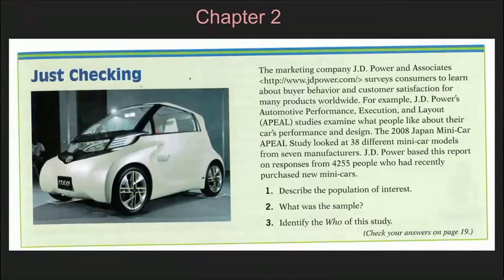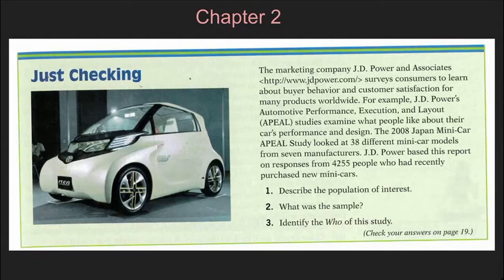Let's look at one more of these. We'll read this one together. The marketing company J.D. Power and Associates surveys consumers to learn about buyer behavior and customer satisfaction for many products worldwide. For example, J.D. Power's automotive performance, execution, and layout studies examine what people like about their car's performance and design.